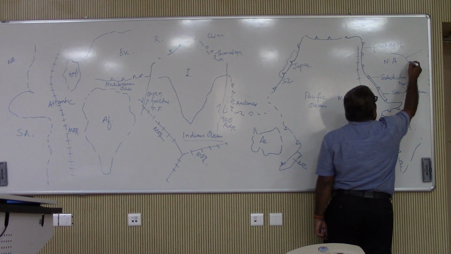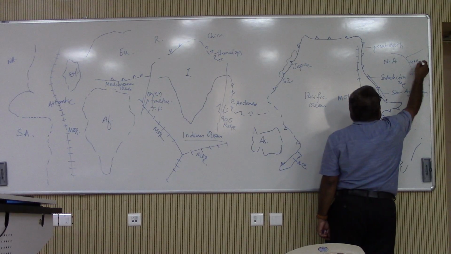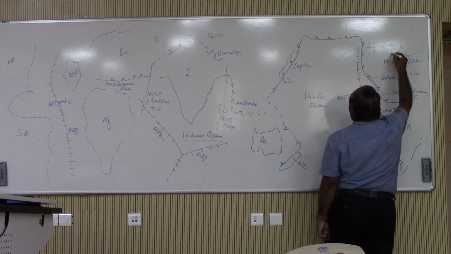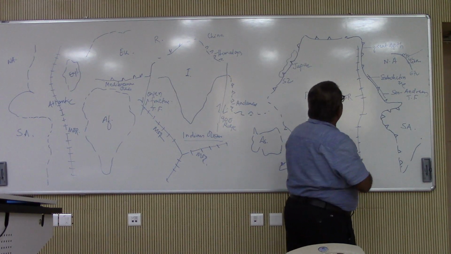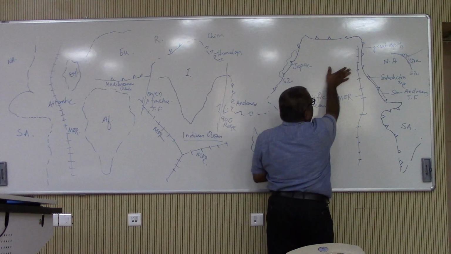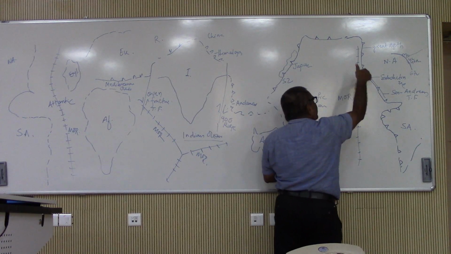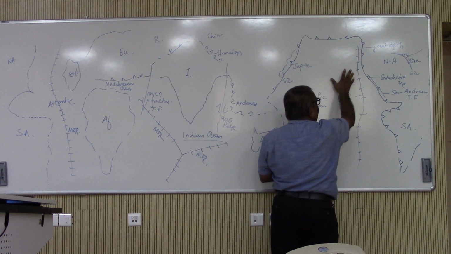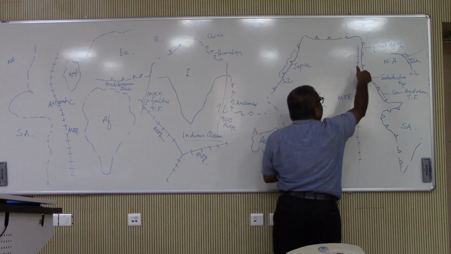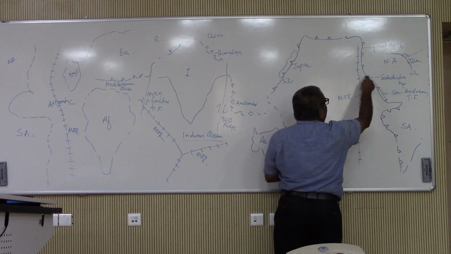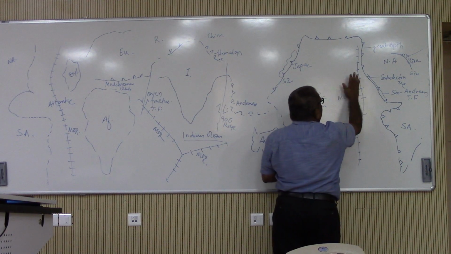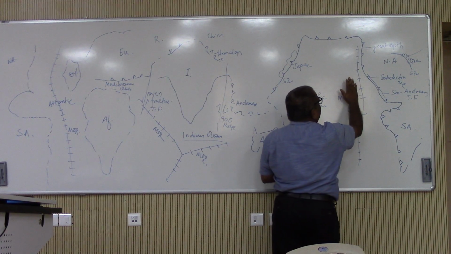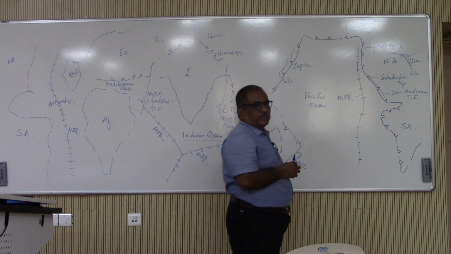The sediments go only up to 40 kilometers, although this slab goes up to 670 kilometers. See, this is the Pacific Ocean. The Pacific Ocean rock is being pulled inside to 670 kilometers along this zone. But whatever surface sediments are there will only go up to 40 kilometers.